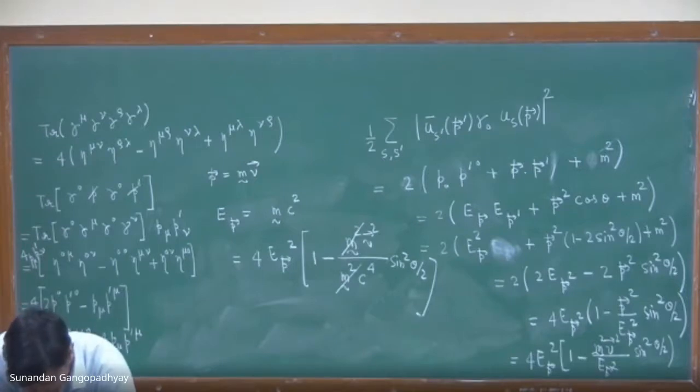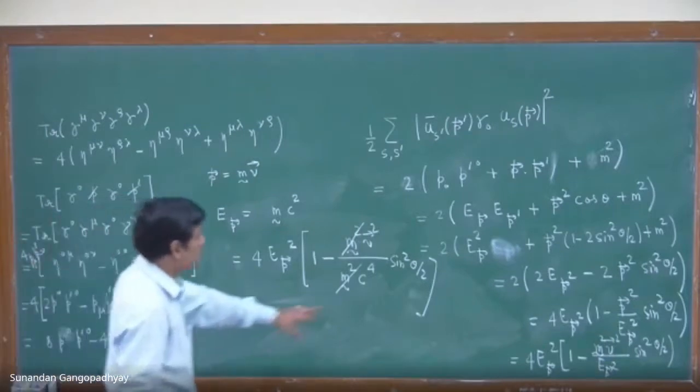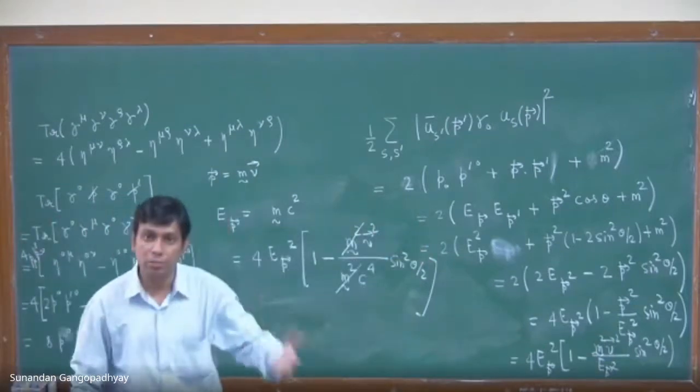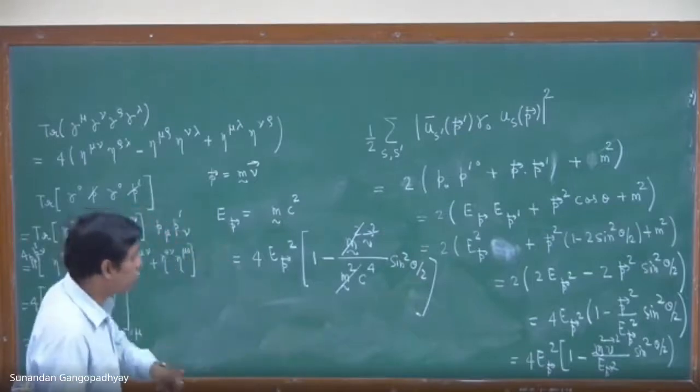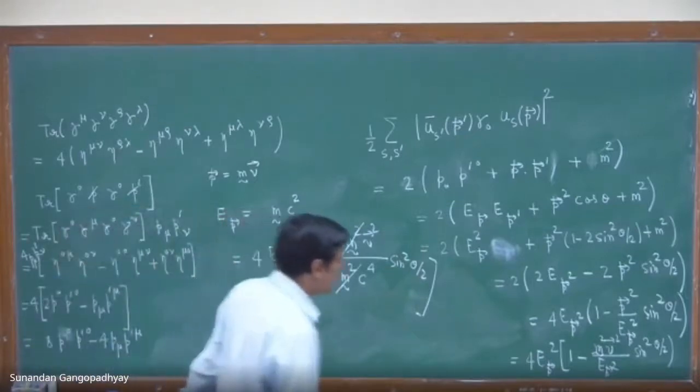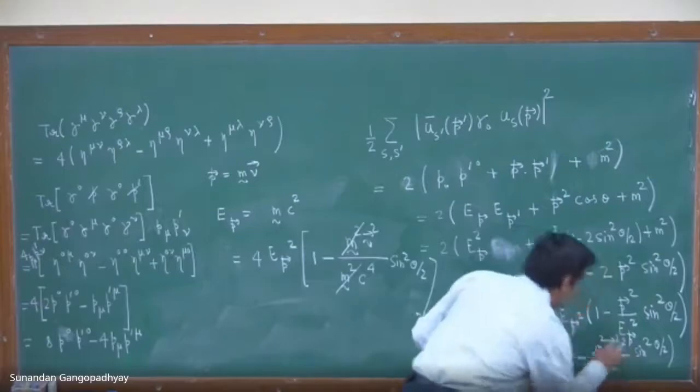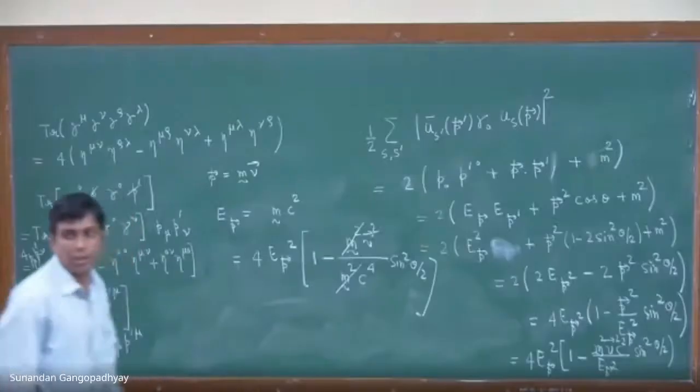You are correct that there will be no c over here because we have set it equal to 1. But if you want to restore c, you will have a c square here from dimensional considerations.